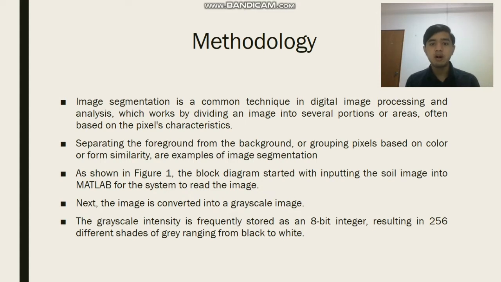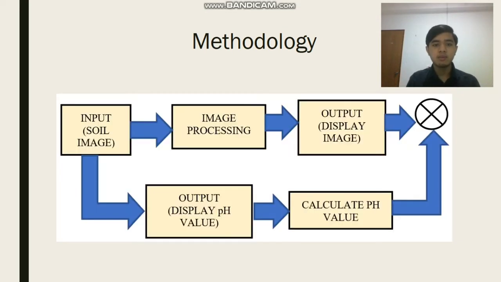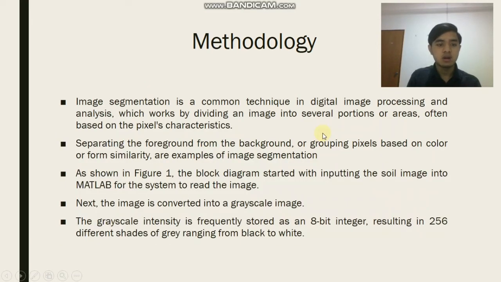These are examples of image segmentation. As shown in figure 1, we can see the block diagram in which we include the picture as an input, and the process takes place in MATLAB, in which we apply the image processing technique that we just talked about earlier.